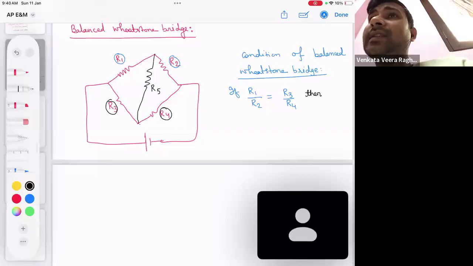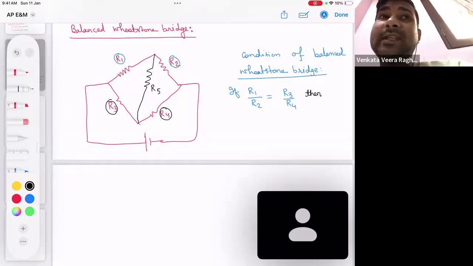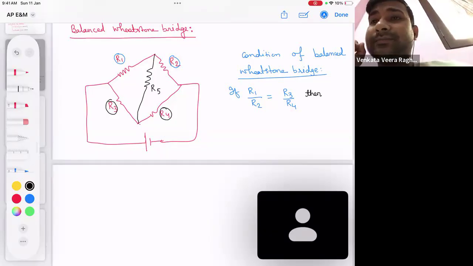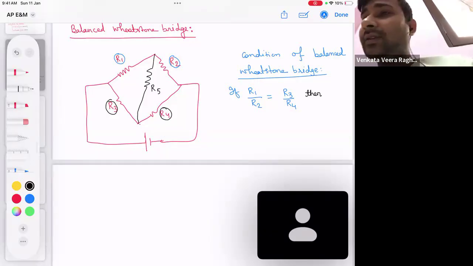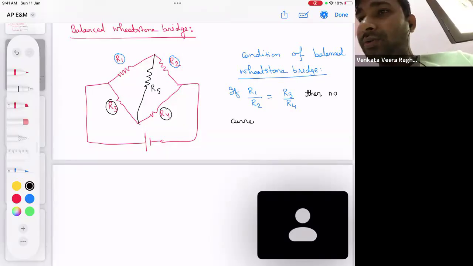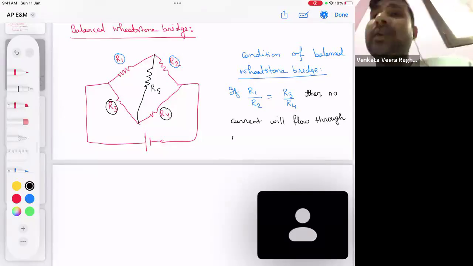And if a Wheatstone bridge is balanced, then what is the outcome? If a Wheatstone bridge is in the balanced condition, then there will be no current flowing through that bridge resistor. Which resistor? The R5. R5 will be called the bridge resistor. Then no current will flow through R5.